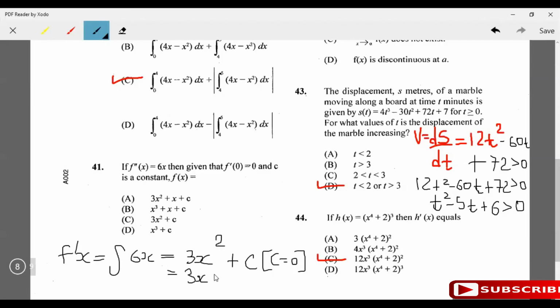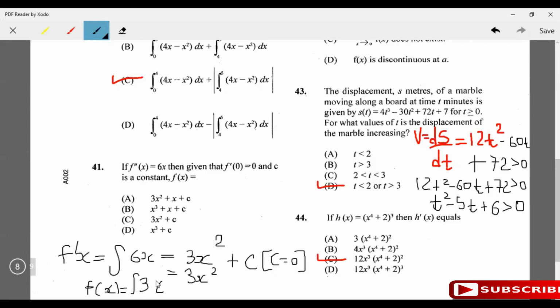If f prime of x is 3x squared, then f of x is the integral of f prime of x. We're going to have to integrate again. So f of x is the integral of 3x squared.